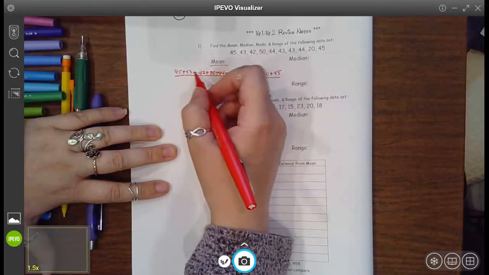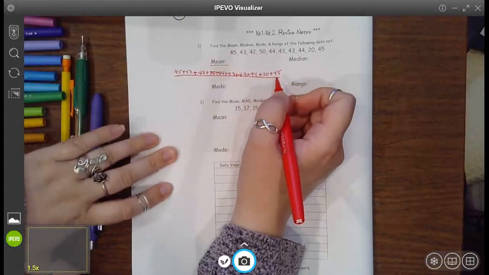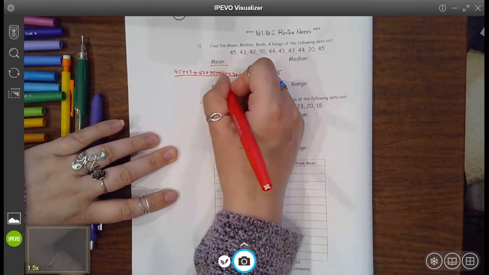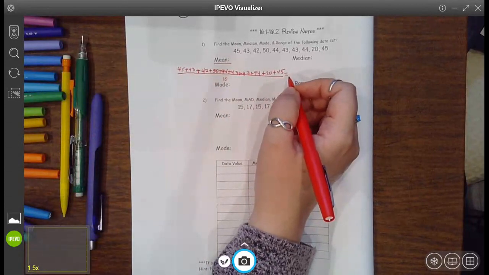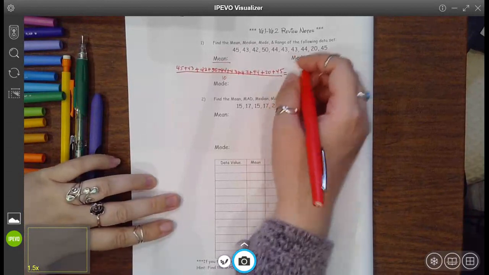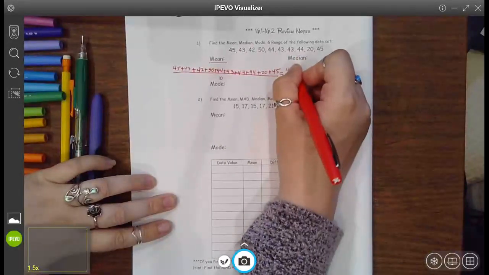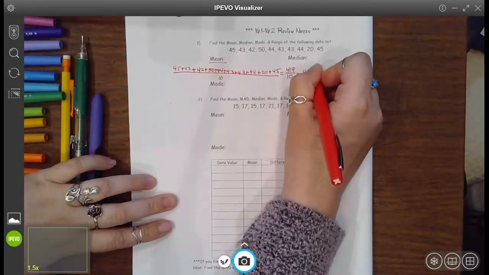Well, there's 1, 2, 3, 4, 5, 6, 7, 8, 9, 10 numbers in that data set. Okay, so type all those into your calculator. Okay, hit pause, type it in. You unpaused it, you're back with us, and you got 419 for that sum. And when you divide that by 10, you get 41.9.